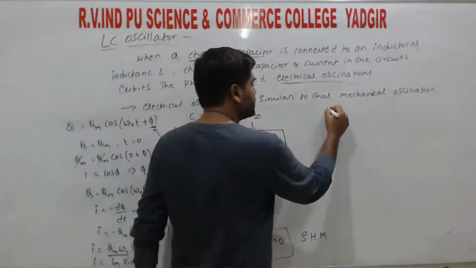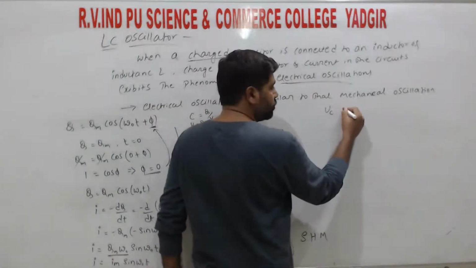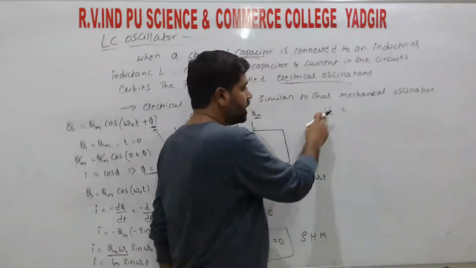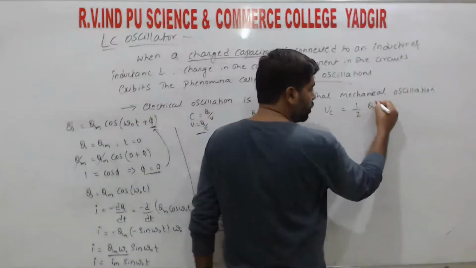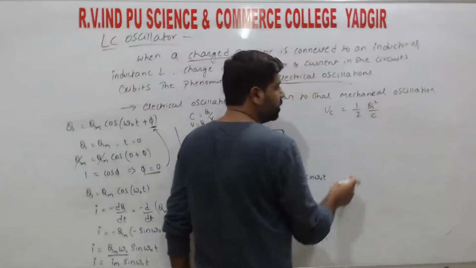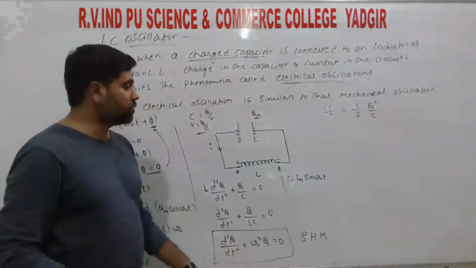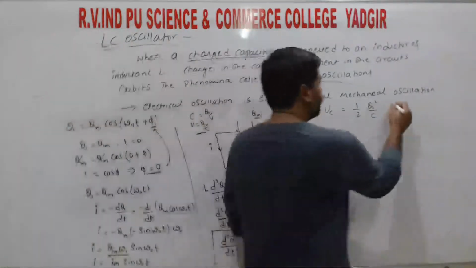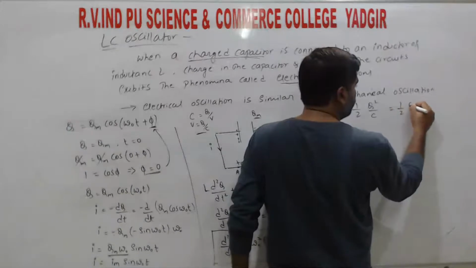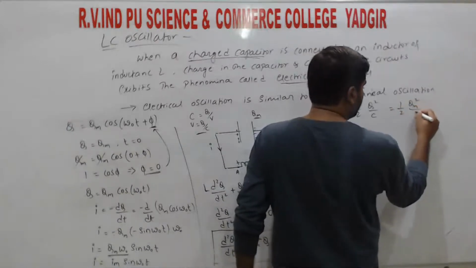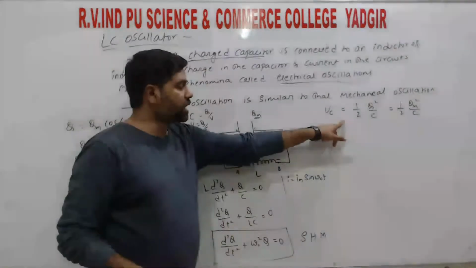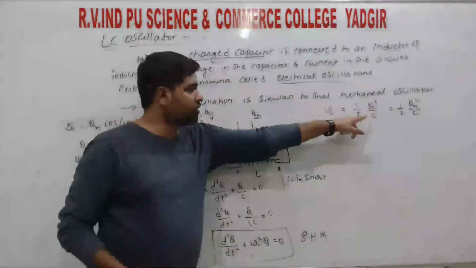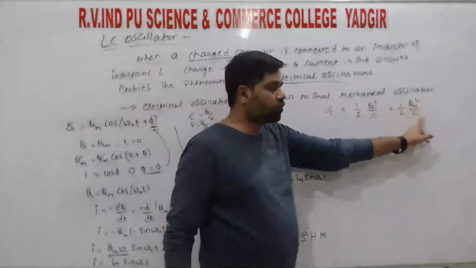Initially the capacitor stores the energy, that is the energy stored by the capacitor, which is equal to half, we know the formula, q square divided by C, right? The maximum charge stored here is qm, so in the initial case the energy stored in the capacitor is given by the relation 1 by 2 qm square by C.